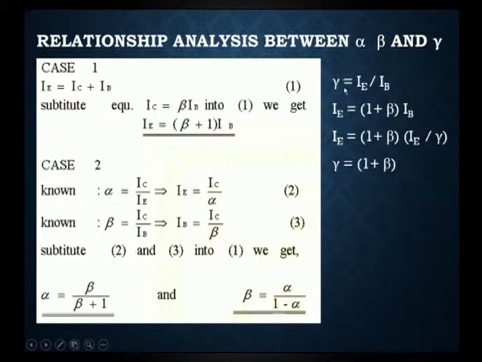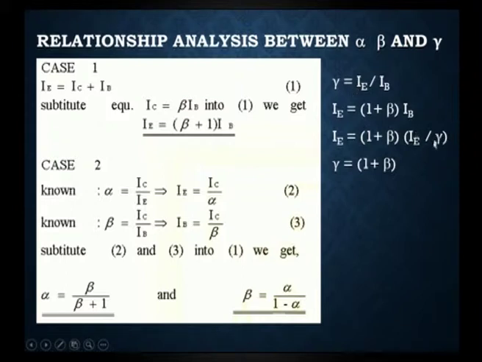For gamma, we know that it is the ratio of emitter to base current, and also we know the equation that emitter current is equal to (1 plus beta) times IB. Here the IB value can be written with the relation of gamma. IB is equal to IE divided by gamma.